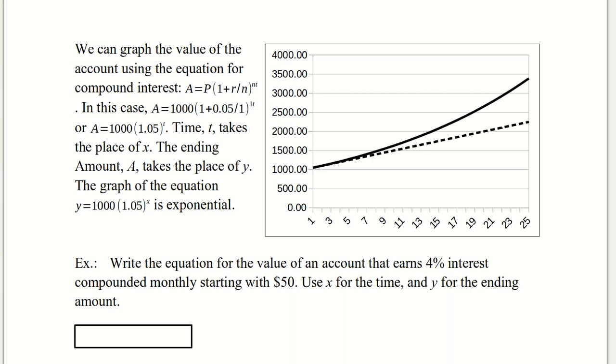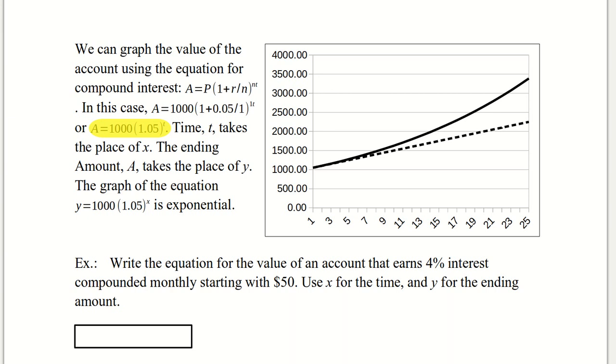Now we can take the formula for compound interest, here it is, and we can plug in what we know about this equation. We know that the growth rate is 5%, so that's 0.05. We're assuming that the compound frequency is 1, that is n equals 1, and we get that the future amount, A, equals 1,000, that is the starting investment, times 1.05 to the t power.